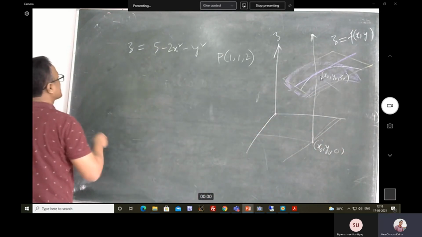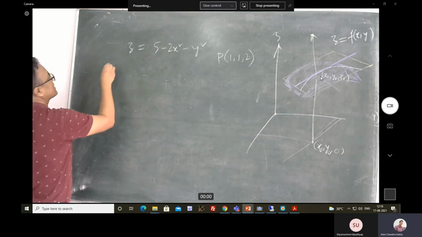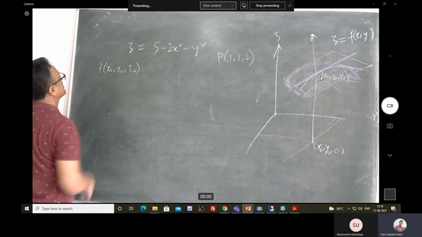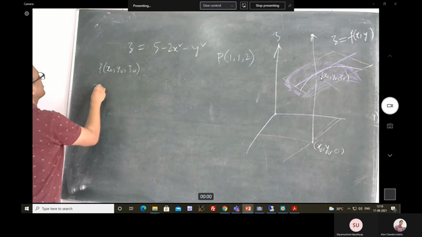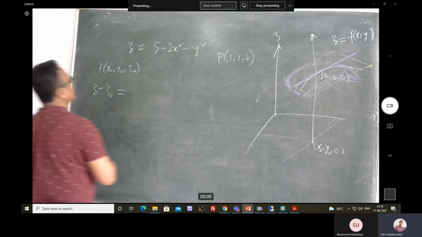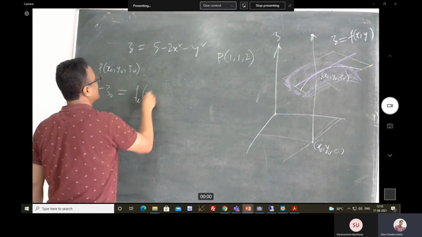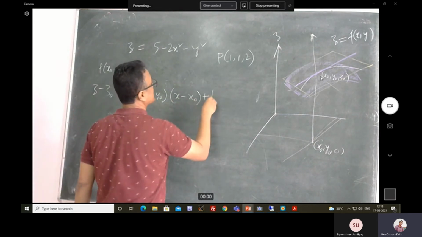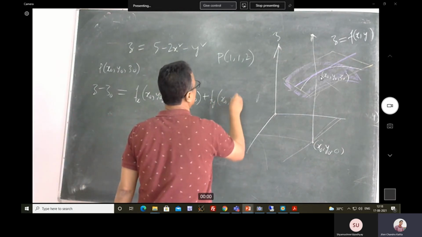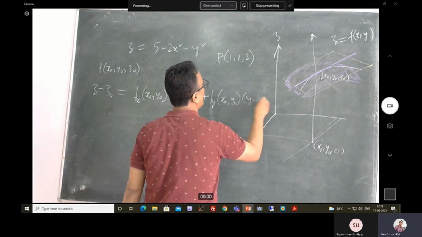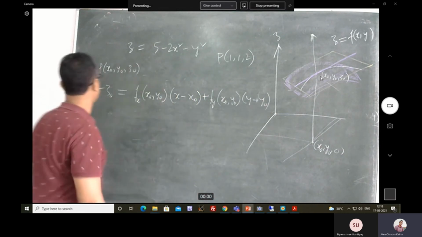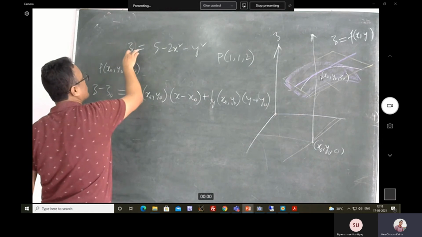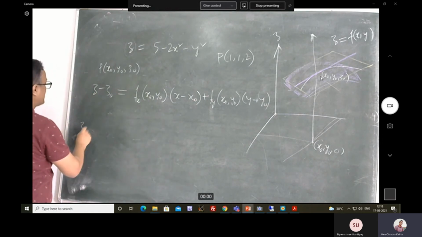From our earlier discussion, we found that at the point P(x0, y0, z0), the equation of the tangent plane is given by fx(x0, y0)(x minus x0) plus fy(x0, y0)(y minus y0). Here fx is simply the partial derivative with respect to x, so it is zx.